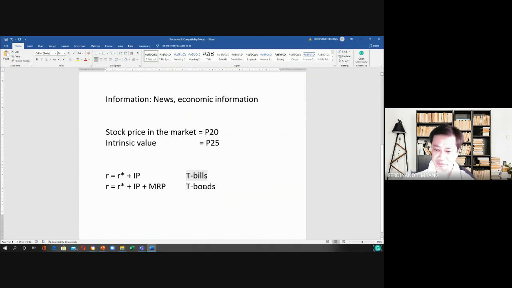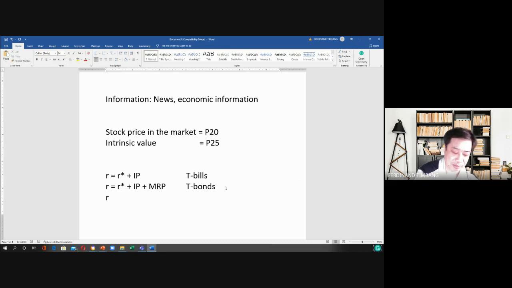Kasi yung T-bonds na to, ibig sabihin lang yan, they are long-term investments. But actually, risk-free investment pa rin ito. Bakit? Kasi it is supported by the government. No? Government. So meaning, the payment of which is guaranteed by the government. Kaya lang nga, mas mataas yung rate ng T-bonds compared to T-bills because it is long-term and because of the maturity risk premium. Now, what about yung corporate bonds?